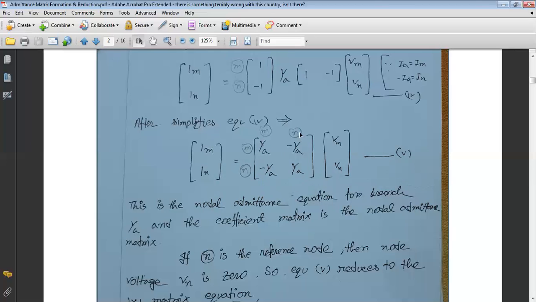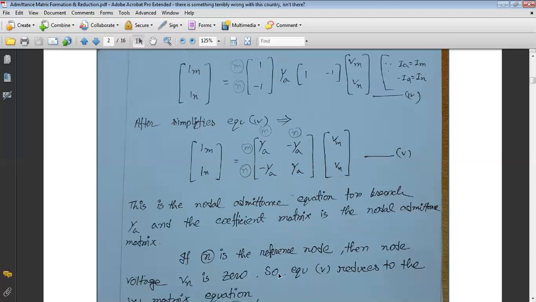This matrix contains only the admittance of the network, nothing else. So this is called the bus admittance matrix or Y bus matrix.